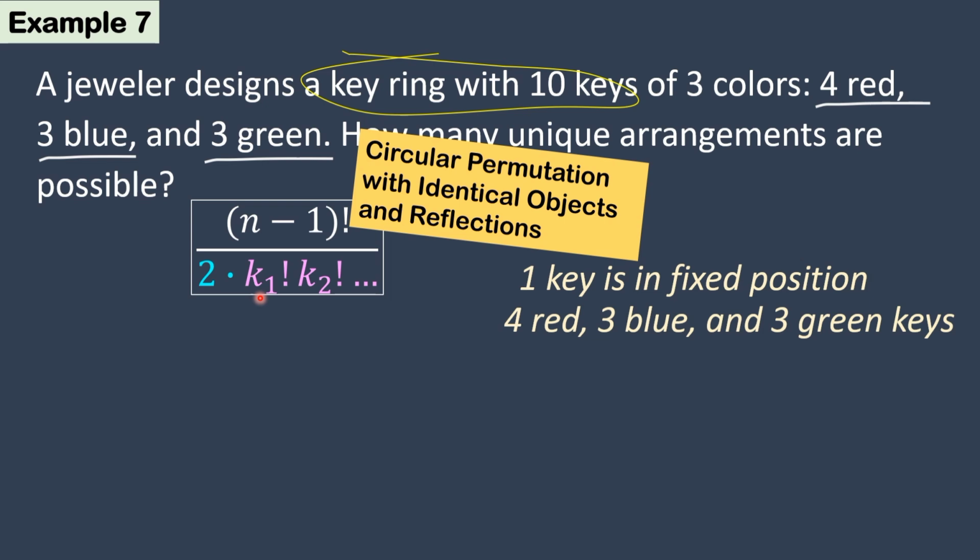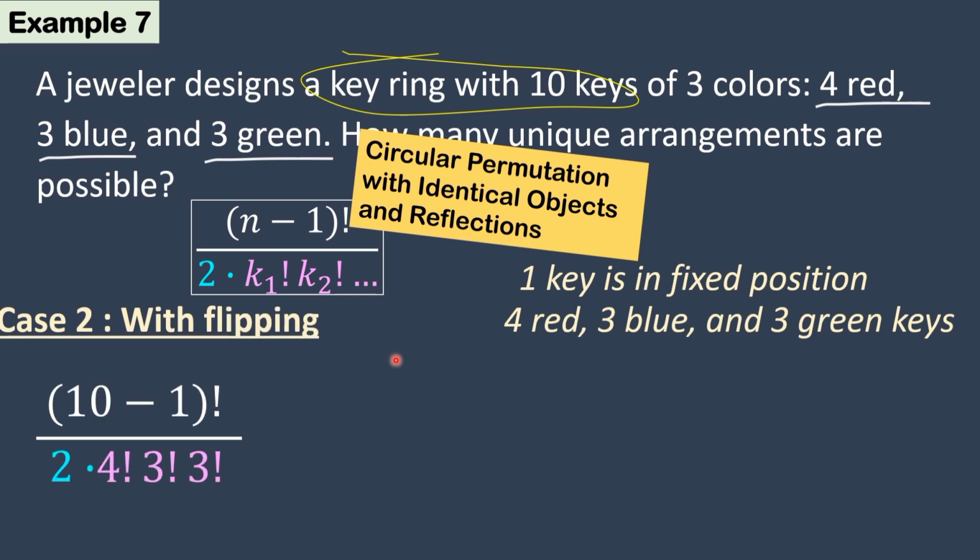In a circular permutation, one key is in fixed position, so there are 9 remaining keys to arrange from 10 minus 1 factorial, which is 9 factorial, and then divided by 2 times the factorials of the identical objects. 4 factorial for 4 red keys, 3 factorial for 3 blue keys, and 3 factorial for 3 green keys.